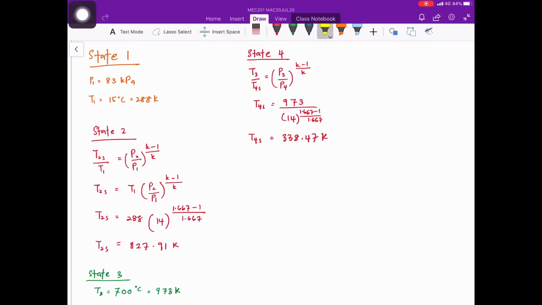In order for us to find the temperature at state 4, we are going to use the isentropic relation of temperature and pressure. Note that P3 over P4 is the pressure ratio, which is equal to 14. Once we substitute the required values and calculate, we get T4 equal to 338.47 Kelvin.